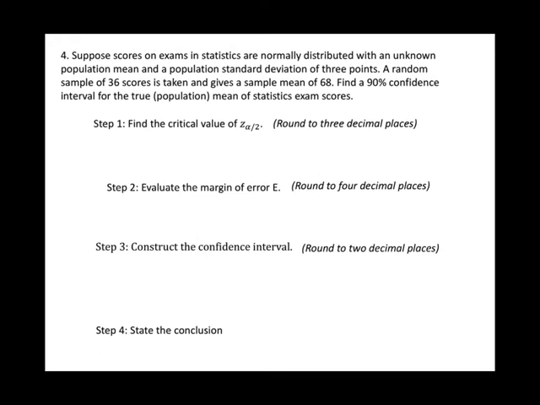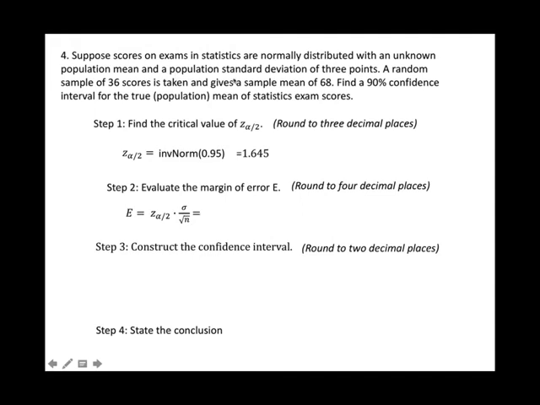Let's try to work together. When you have a 90% here, you could get inverse norm for 0.95, right? 0.95. You should get 1.645. And then use the margin of error.